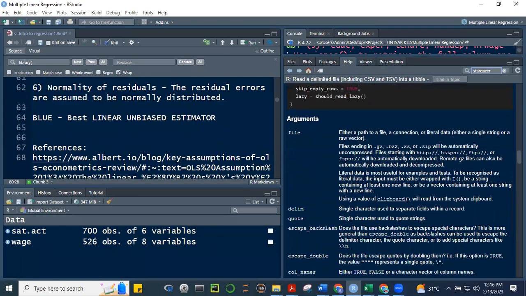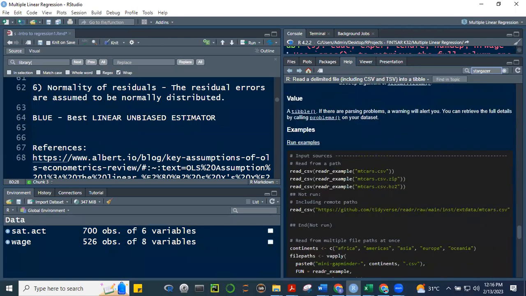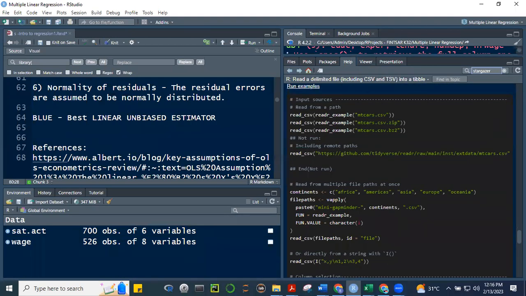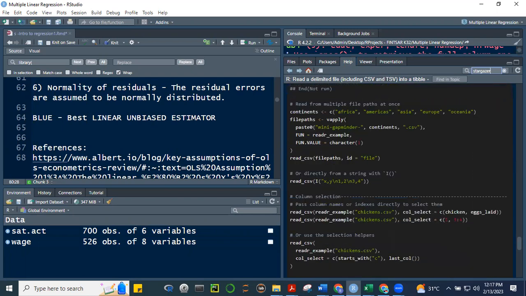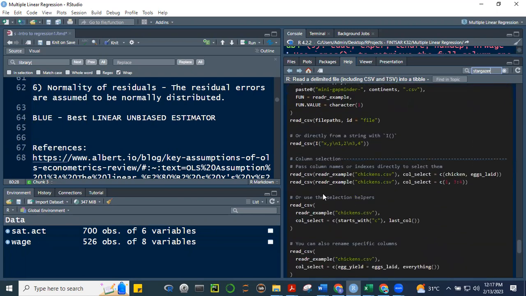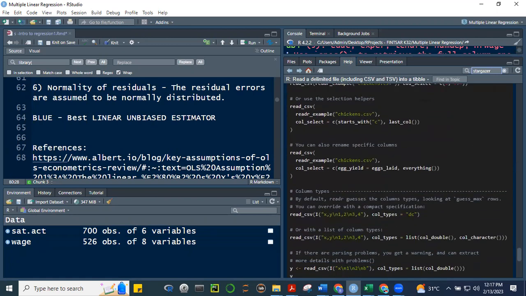Ito yung kagandahan kasi ng help function ni R, and it will give you examples. For example, you read from a path. You can read .csv from a site. Ito. Okay, you can read a zip file. Tapos may iba pang... there are many other parameters that you can use.